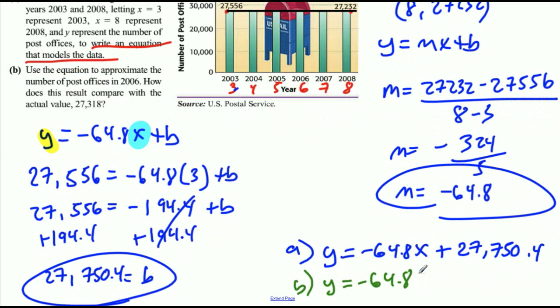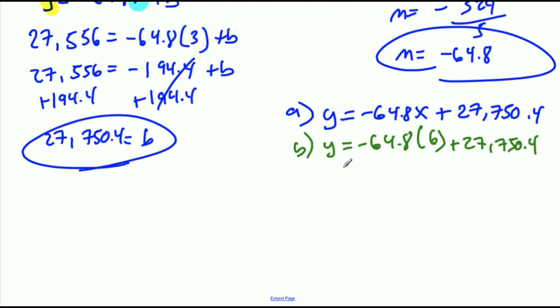So negative 64.8 times 6 plus 27,750.4. And doing all that, we would get 27,361.6.